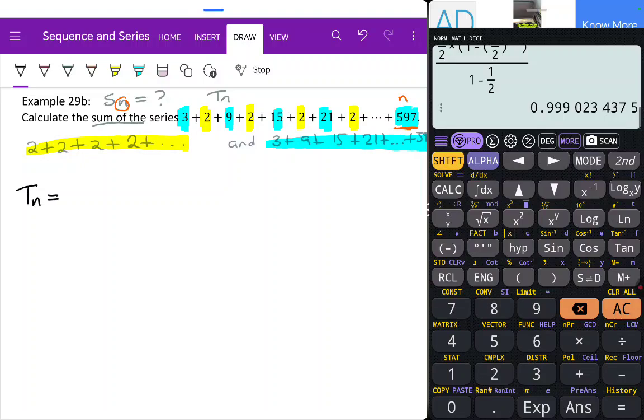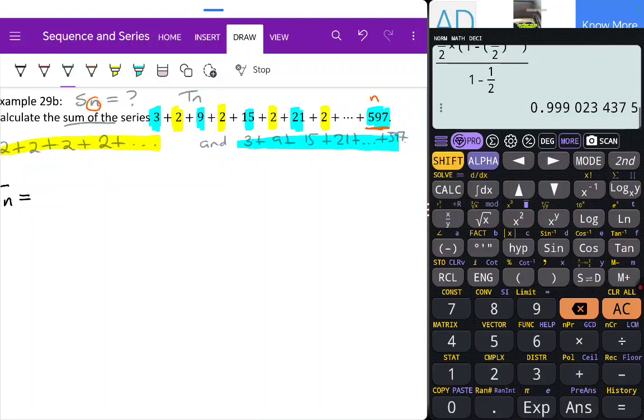Tn of the blue. How do you know? Are you doing arithmetic or geometric? So let's see. If I wanted to go from 3 to 9, I can do two things. I can either say 3 plus 6, or I can say 3 times 3. The first one is arithmetic, and the second one is geometric. I can either add the same thing, or multiply by the same thing.